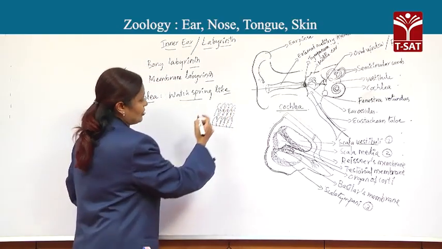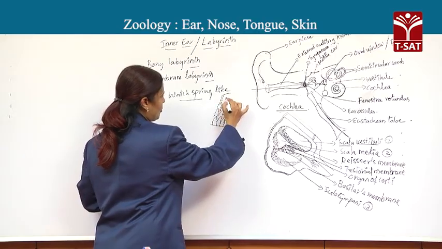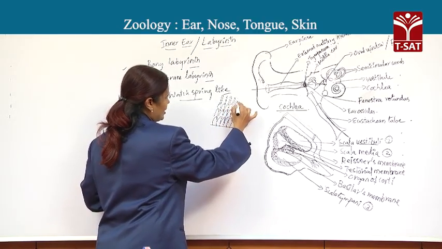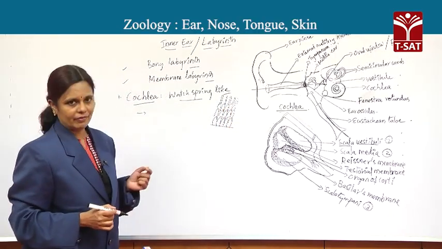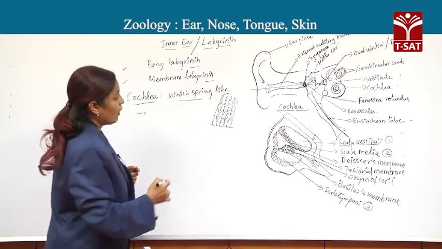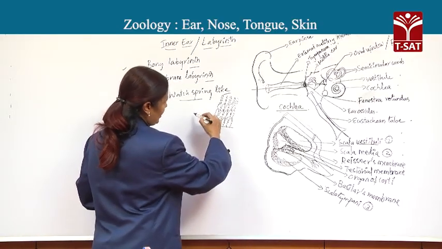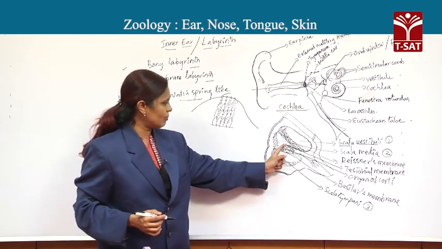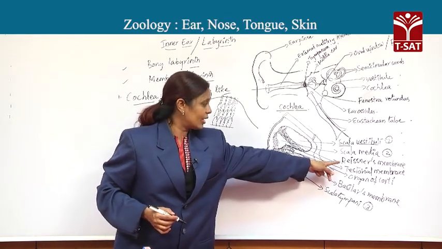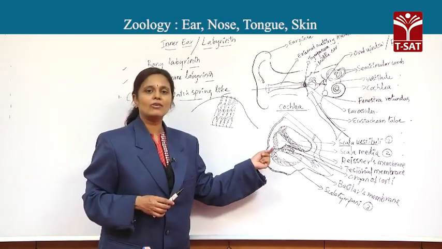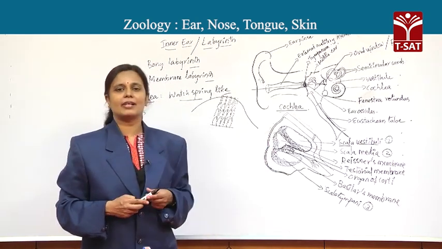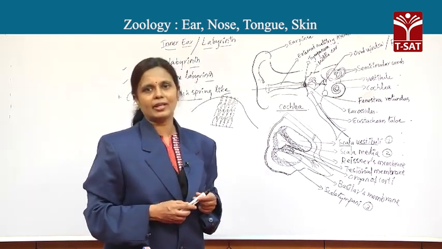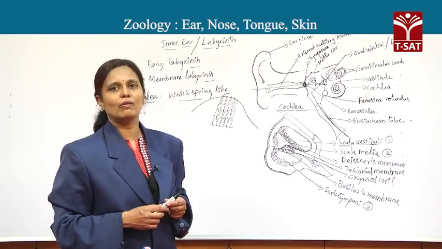Now, these sensory hairy cells are also provided with stereocilia on their free surfaces. On the whole, this organ of Corti, nothing but a sensory ridge, is covered by an elastic membrane called tectorial membrane. This organ of Corti is specialized in perceiving or receiving the sound vibrations.